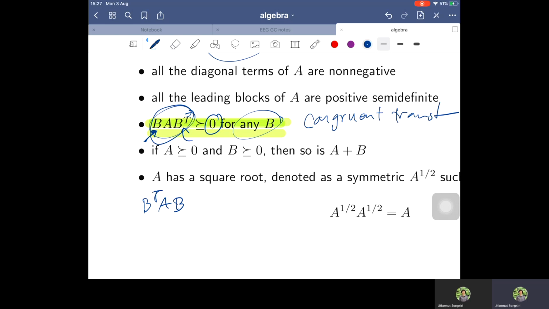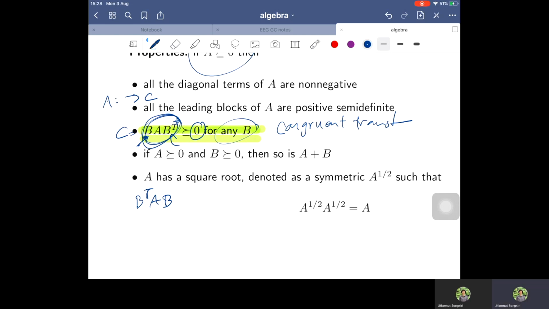The transformation from A to the new matrix, which we call C, is called a congruent transformation. So one simple statement: congruent transformation doesn't change the positive semi-definiteness of A.